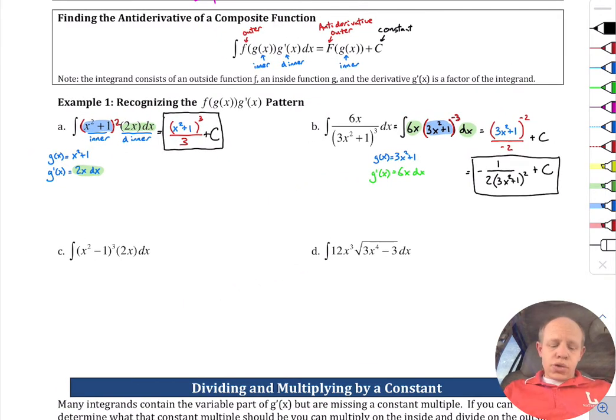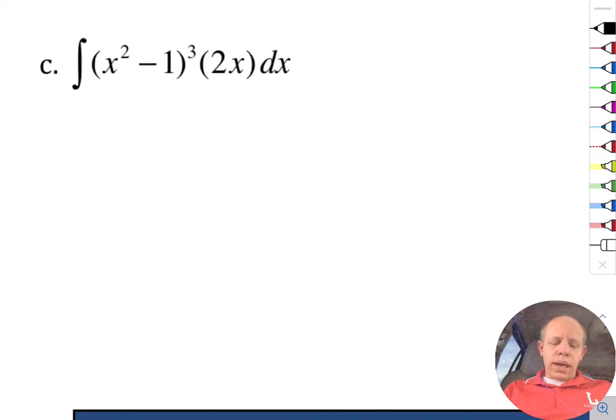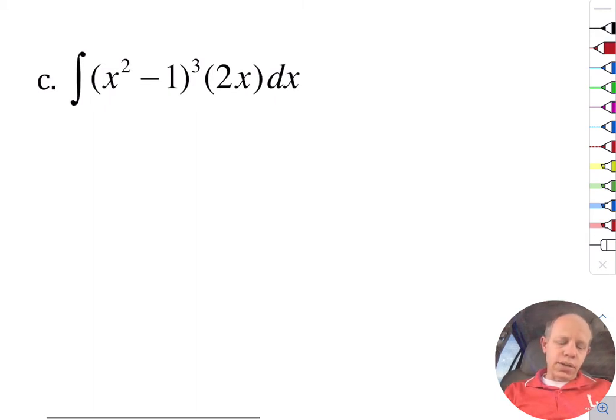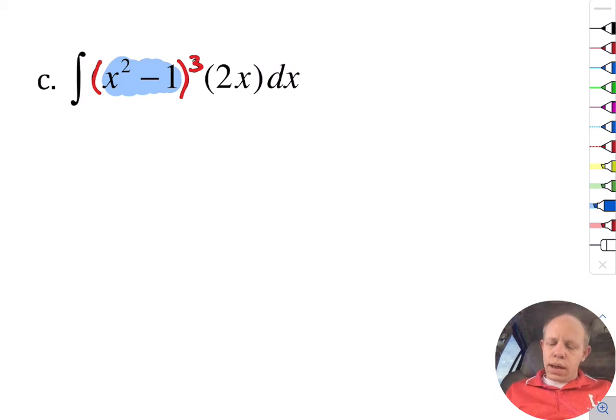All right, so we're going to try to get a little bit quicker at recognizing this, okay? We don't need to actually rewrite everything every single time. Let's look at letter C. What I see here is an outer function, so something raised to the third power. I see an inner function of x squared minus 1, and what I'm looking for is, do I have the derivative with respect to x of that inner function?